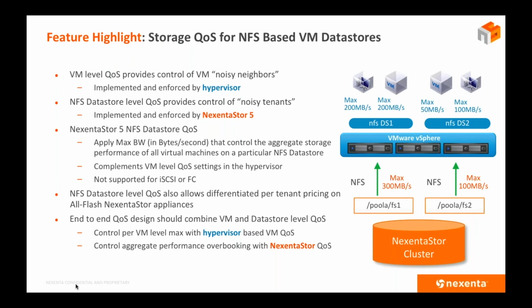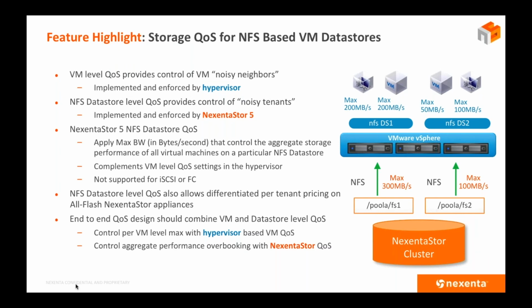Now, when they've moved into making better usage of their data center, making it more resilient and more efficient, they've gone to a lot of all-flash solutions. When they do that, what it stopped allowing them to do was separate out what their users got.